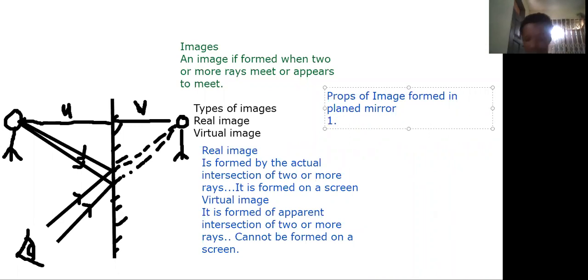One characteristic is that the images formed are virtual. They cannot be formed on a screen. So the images formed are virtual.